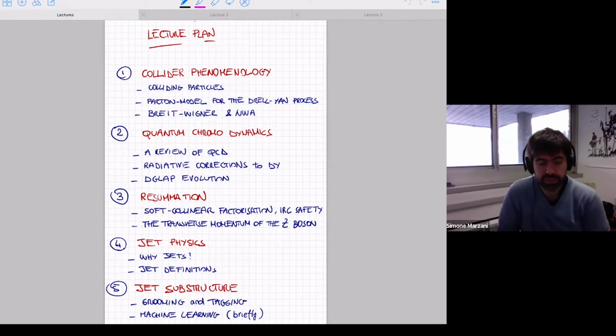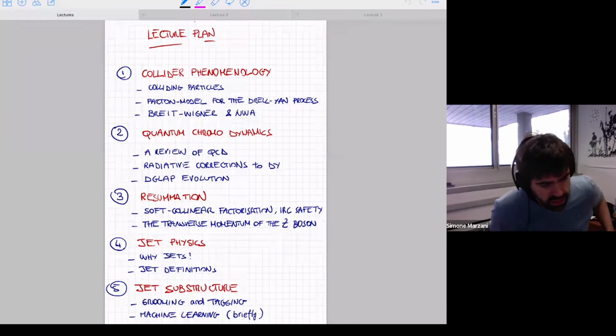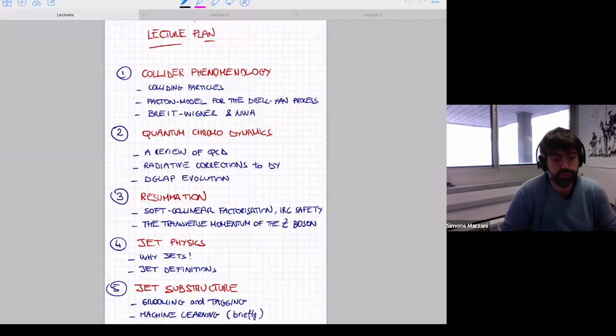Welcome back, everyone. So, a recap so far. What we tried to do in the past 3 hours was essentially to show how we can make sense of perturbative QCD calculations in the context of a proton-proton scattering process, in particular the Drell-Yan process. And we did that for the inclusive cross-section.